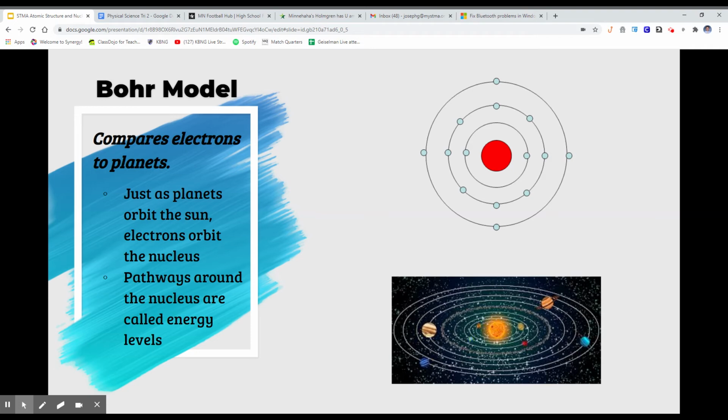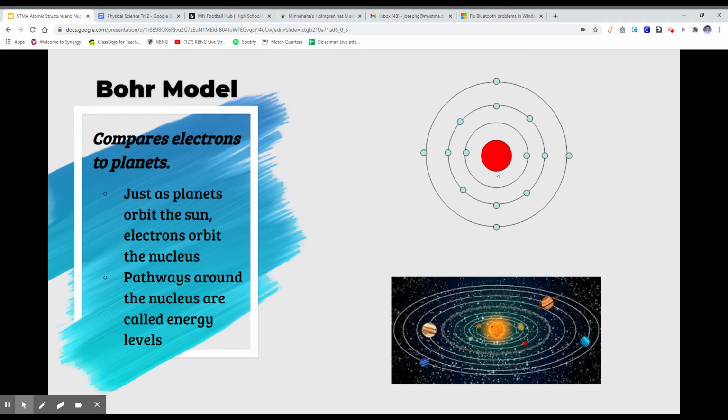It goes around in the same pathway. That's why it's not running into Mars or Jupiter or Venus, right? And these electrons follow the same general idea: they have their own pathway, especially in what we look at as a Bohr model. And that way they don't run into each other.